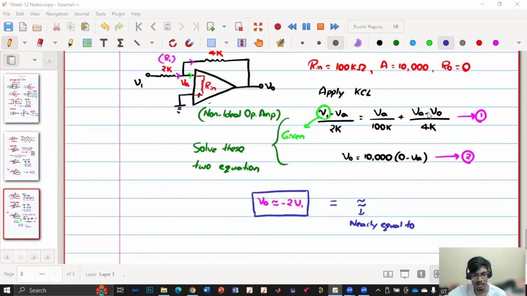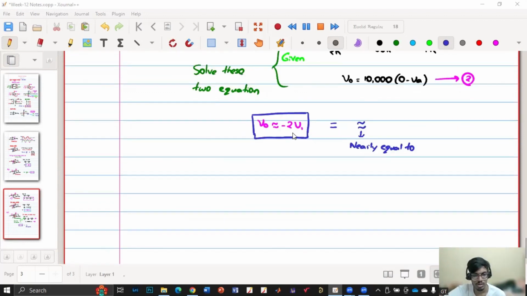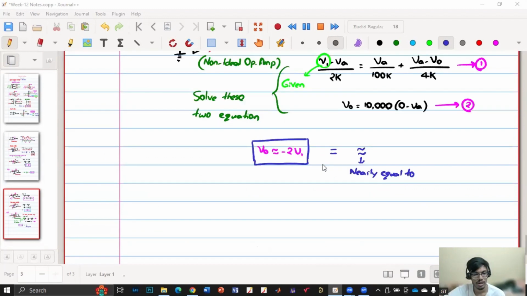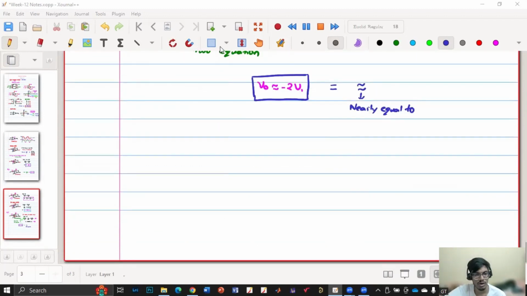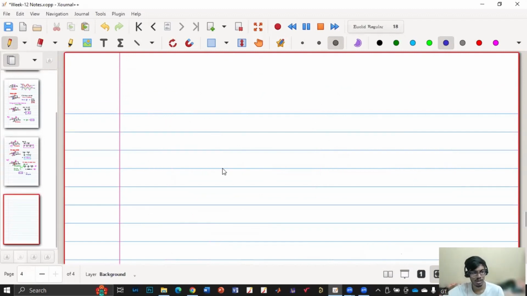You can calculate later; it is a very small calculation that I'm not doing now. In the case of an ideal op amp, it will be exactly minus 2. But whatever op amps we use are not ideal, but they are very close to ideal because their input impedance is very high and gain is also very high.